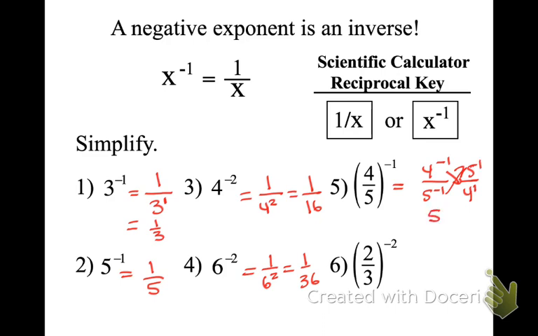So it becomes 5 over 4. Okay, what about the next one? 2 to the negative 2, and 3 to the negative 2. So what does that simplify to? You flip it, and you get 3 squared over 2 squared, which is 9 over 4. Okay, and that is our recording.